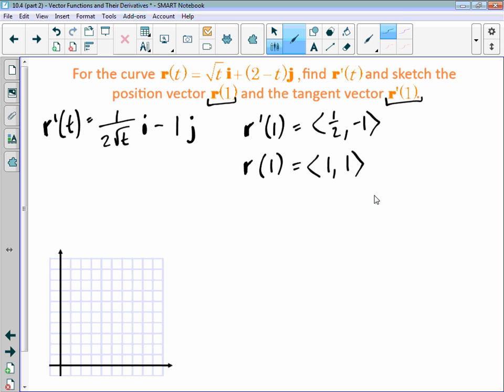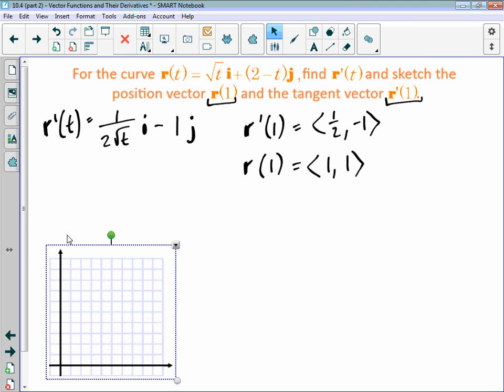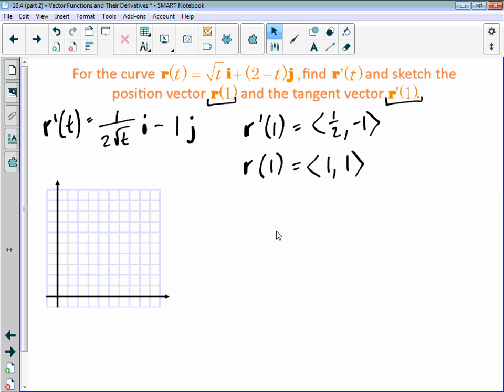Now, in your homework, it's going to ask you to do this. It would not ask you to do this, I don't think, on the AP test, so I wouldn't stress too much about it. But what you're going to do now, it says for this, find the derivative and sketch the position vector and the tangent vector at 1. So we are going to sketch this first.